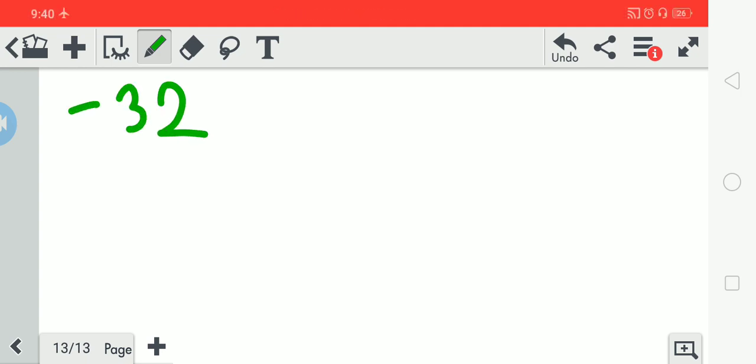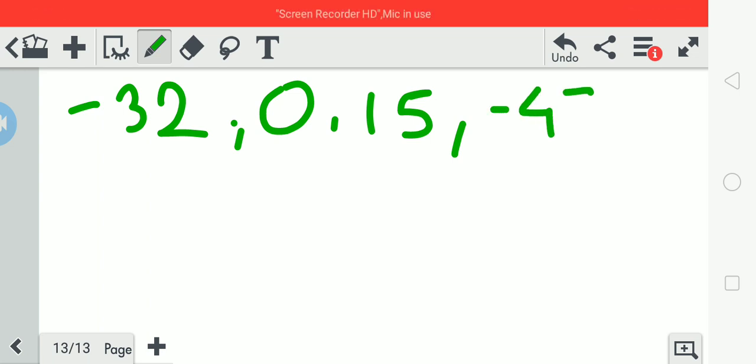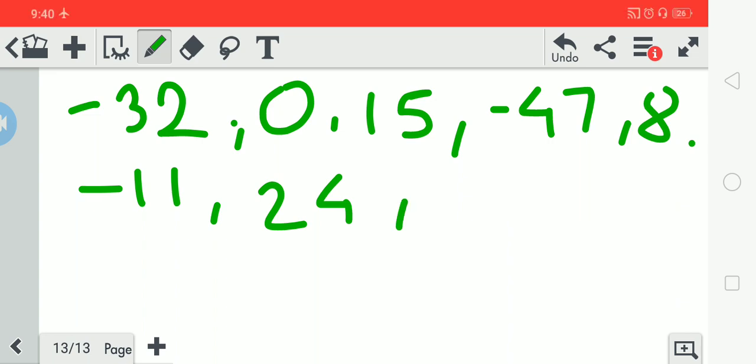Some will be negative, some will be positive, right. Our numbers are -32, 0, 15, -47, 8, -11, 24 and -3.